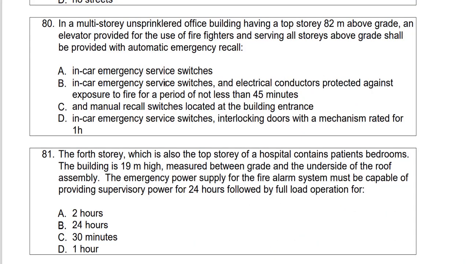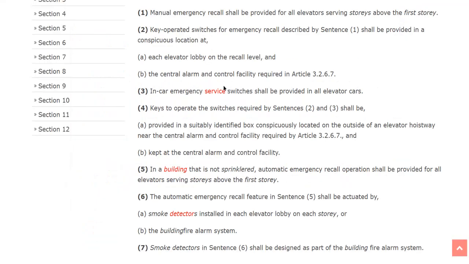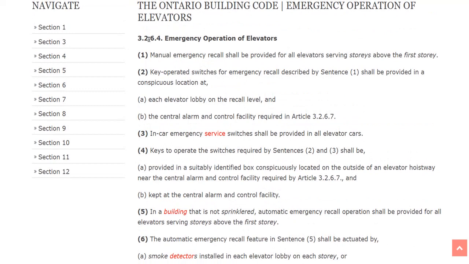Now, let's keep going. An elevator provided for the use of a firefighter and serving all stories above grade shall be provided with an automatic emergency recall. Good question. Where do we find the answer? Since it's considered a high building, the answer is basically split. Number one, if you read through 3.2.6.4, it says manual emergency recall shall be provided for all elevators serving stories above the first story.